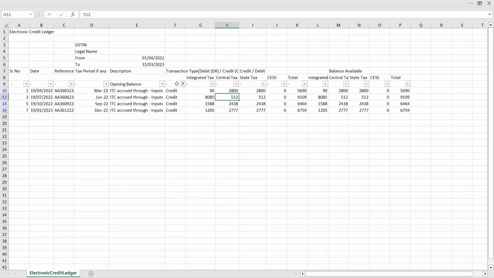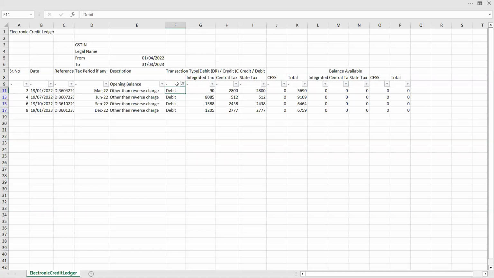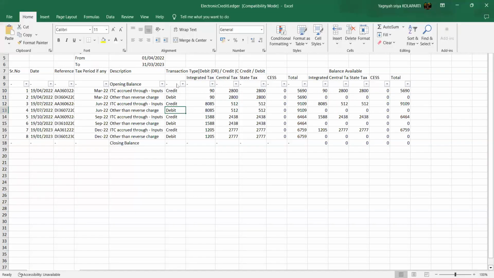Then if you see the debits, if somebody is debiting, that means he is recovering money from you, right? So whatever input you have claimed, everything has been debited, and as on this date, 19th July, your closing balance is 0. See, both are 19th July only. If you see, you are claiming input credit in 3B and you are also utilizing it in 3B, then it will become 0 only, right? If you are utilizing fully.